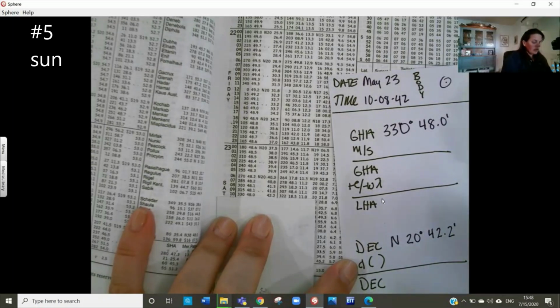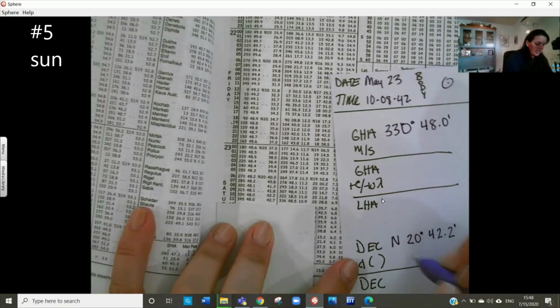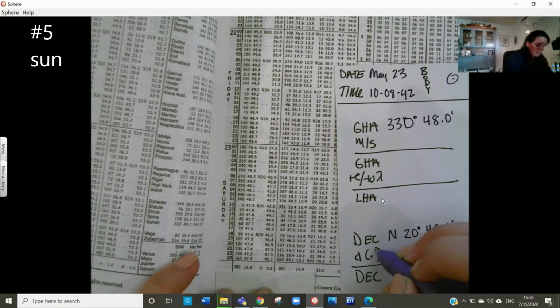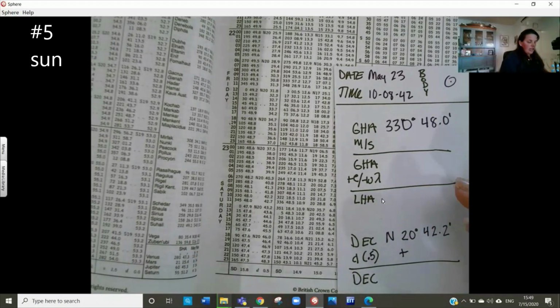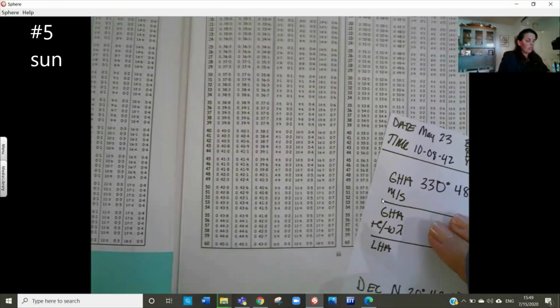Alright, now we always want to check and see if we're increasing or decreasing. We'll be increasing. And our declination, little d, is going to be 0.5. Now we can go to the hours and minutes. We're looking for 8.